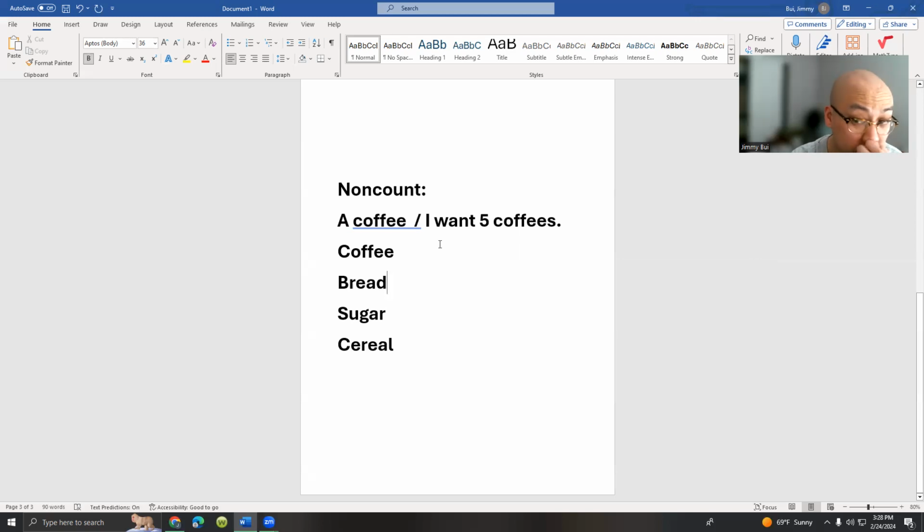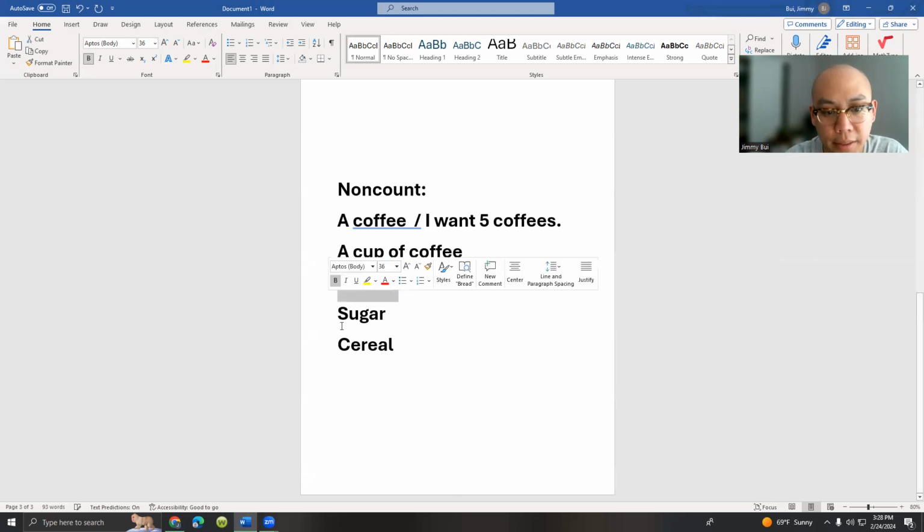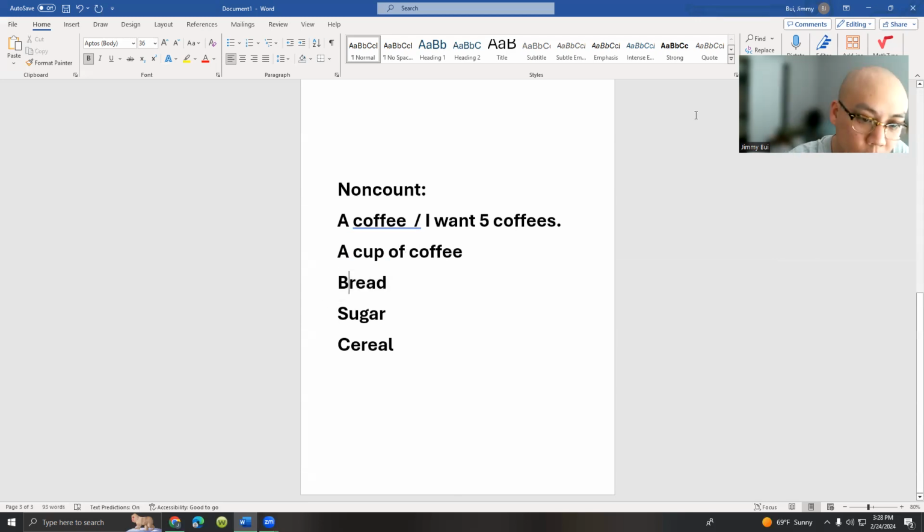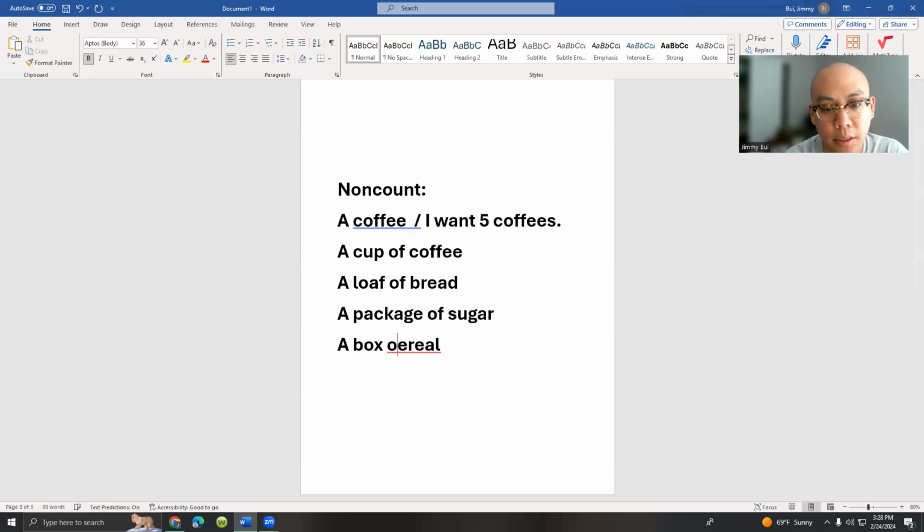So units of measurement help us determine the cost and how businesses would separate non-count nouns. So coffee, for example, a cup of coffee, right? A venti or a trenti or a grande cup at Starbucks, a loaf of bread, a package of sugar, and a box of cereal.